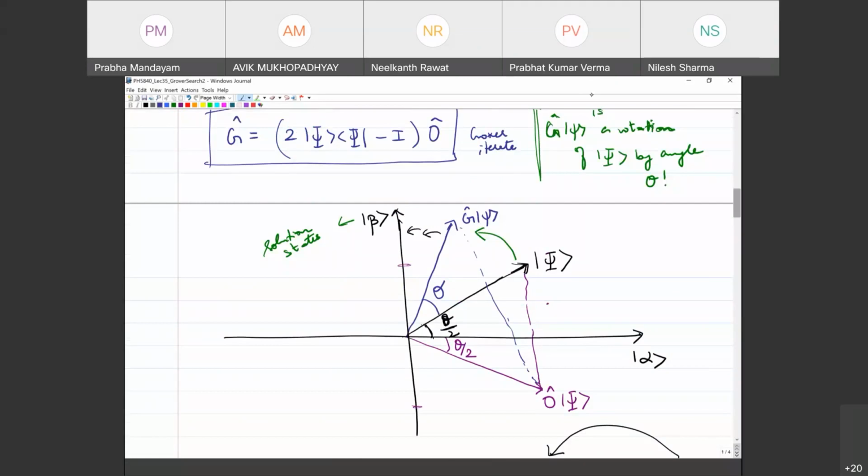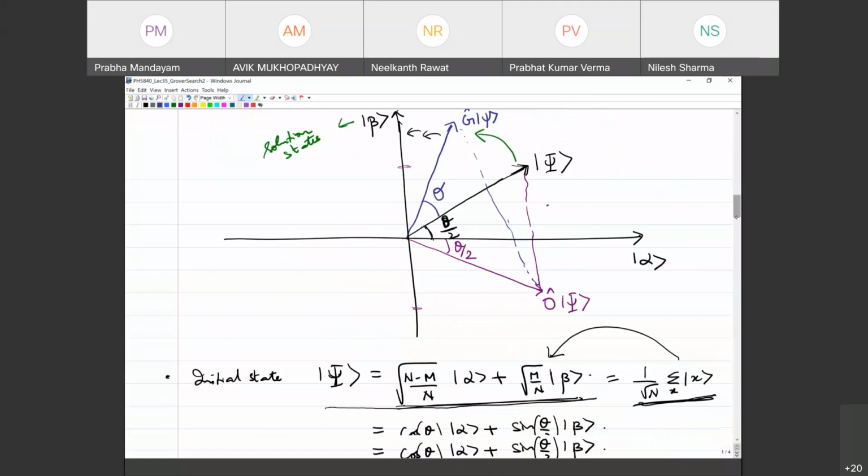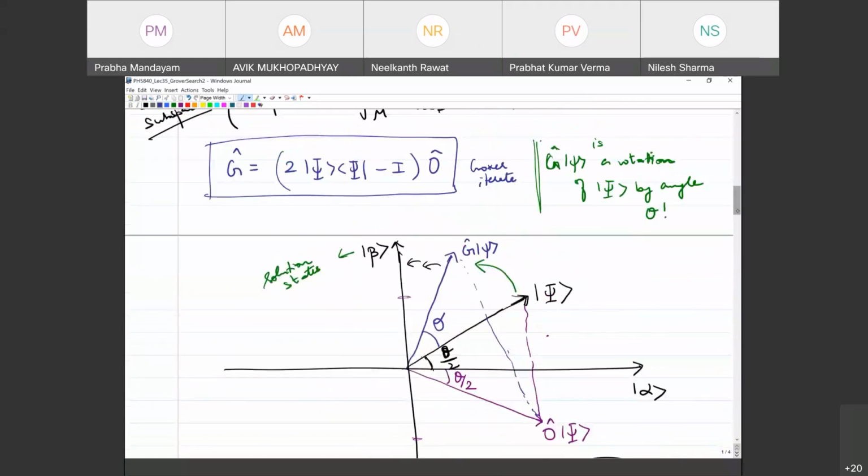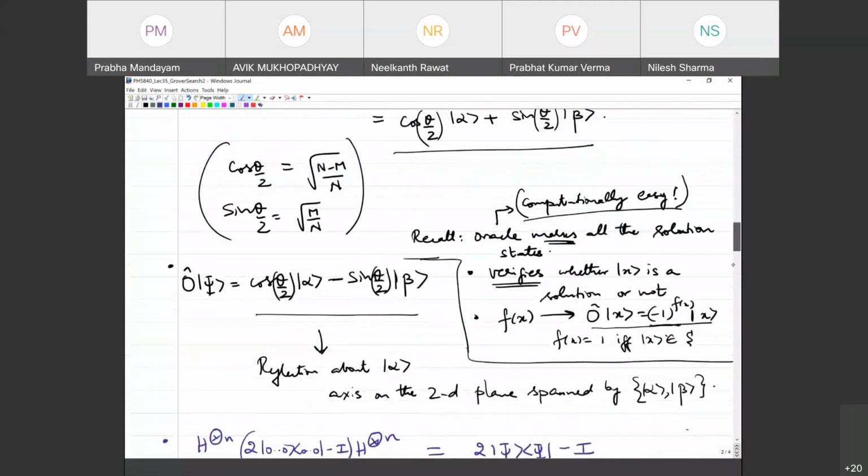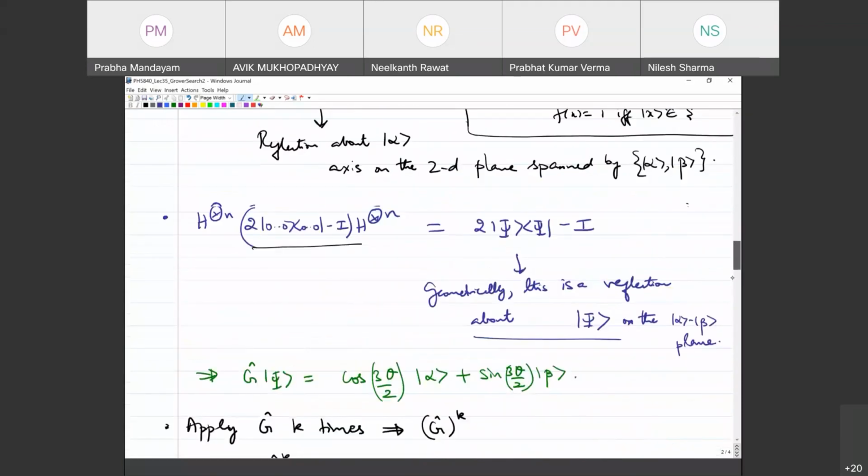Yeah, the overlap with beta is going to be an angle greater than pi by 4, right? So, no, I want to say it the other way around. So this angle, the starting angle with respect to alpha is going to be within pi by 4, right? But if the number of solutions is greater than n by 2, then you're starting closer to beta, right? Obviously.